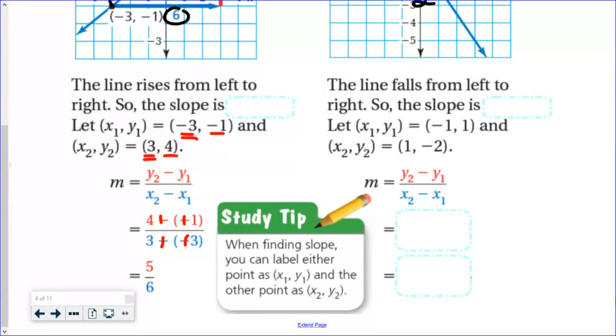Okay, then we have y minus y here, and x minus x here. That's how I'm getting these. Now, if you need to do keep, change, opposite, you get the same thing, you can write it either way.